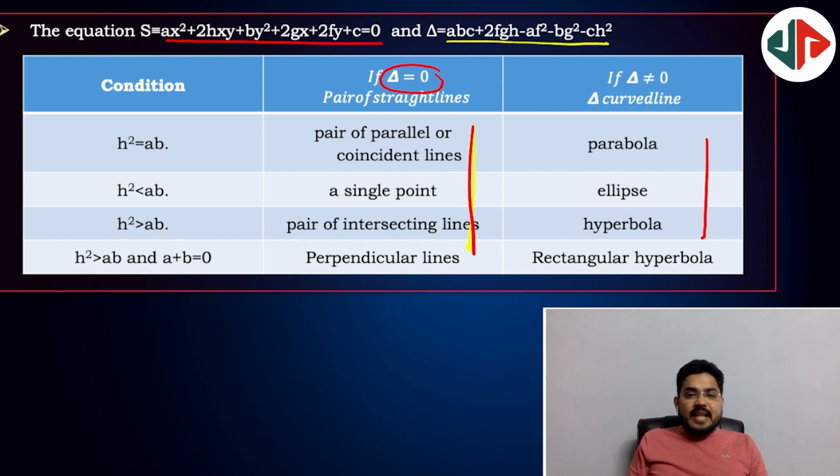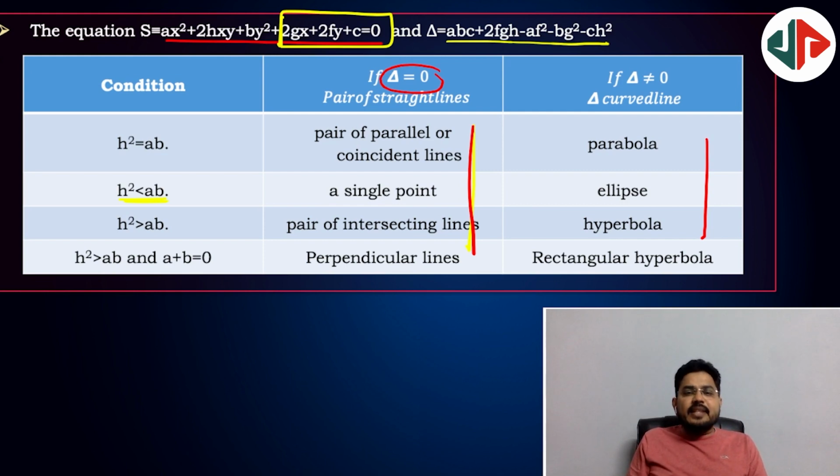If h square is less than ab and it is a homogeneous second degree equation, meaning only ax square plus 2hxy plus by square is there, then you'll have only a single point, that is the origin. But if h square is less than ab and you have some x and y terms also, then it is a pair of imaginary lines. Whereas if delta is not equal to 0, it represents an ellipse.